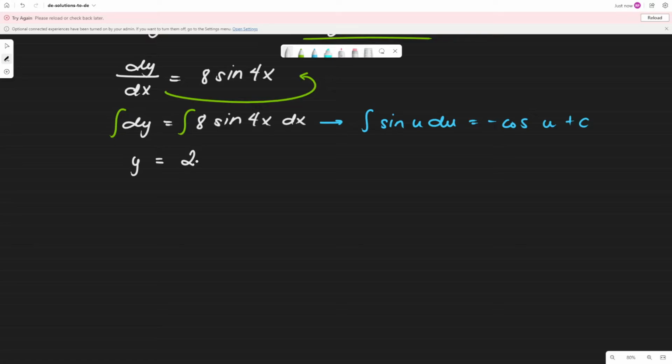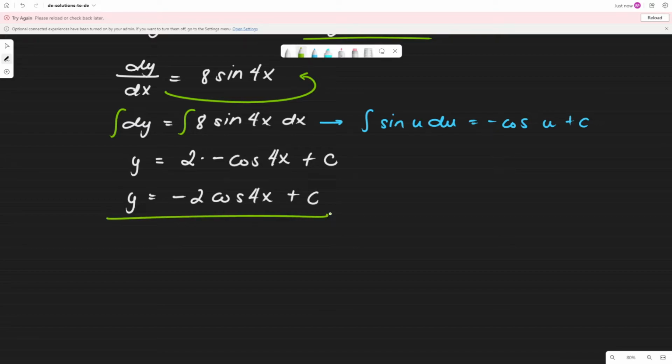So, we have negative cosine 4x. Okay, then of course, plus c. So, we have here y is equal to negative 2 cosine 4x plus c. And this is our general solution. So, general solution ang tawag natin dito. Okay? So, basta may plus c, automatic general solution.